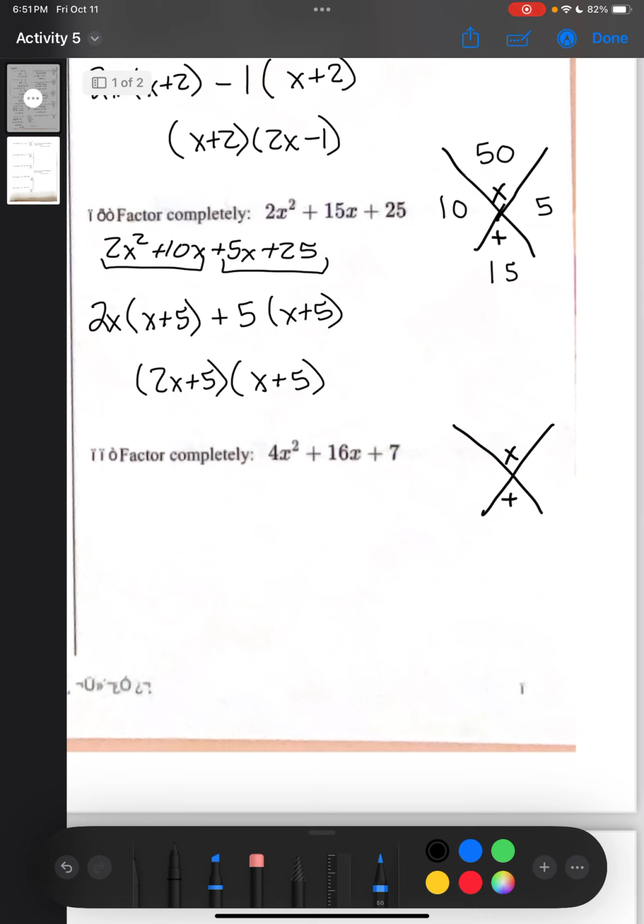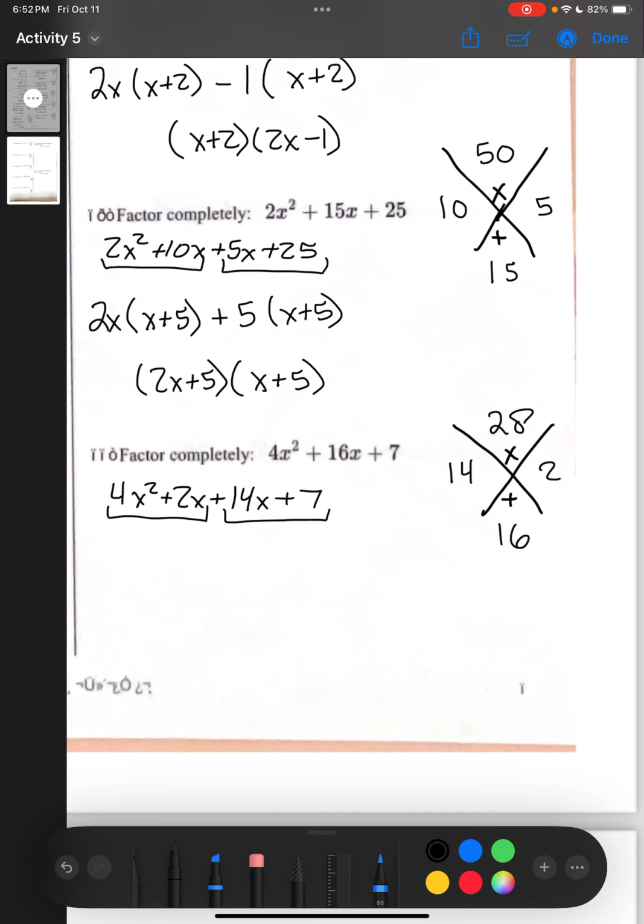All right, the last one for this first page. We're trying to get to 28, and we wanted to add to 16. You should get to 14 and 2. Again, we split up that middle number. 2x squared plus 2x plus 14x plus 7. We are grouping again.